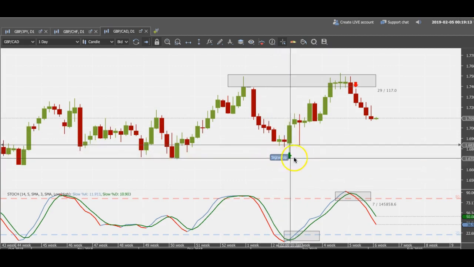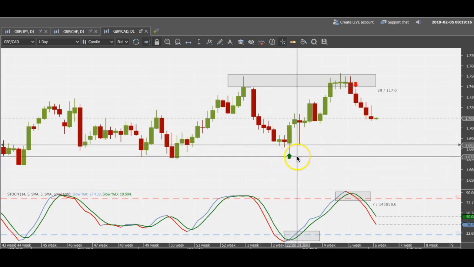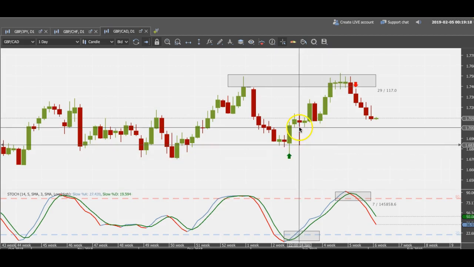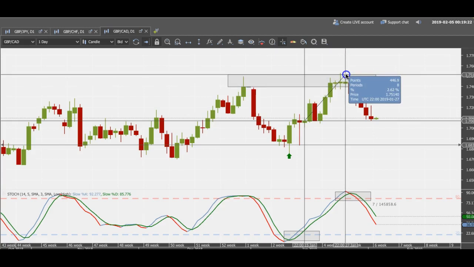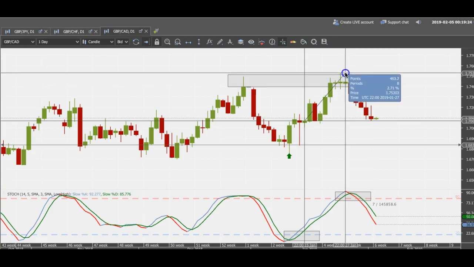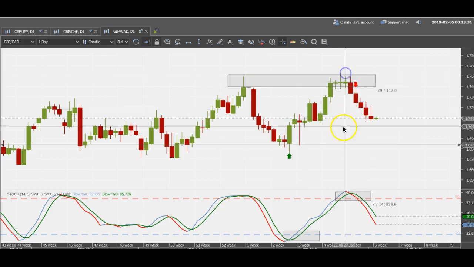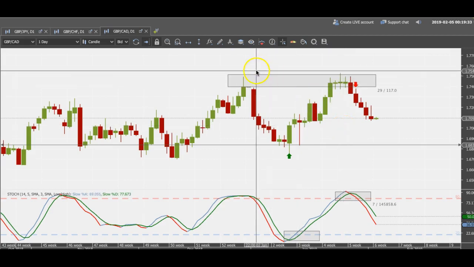Your stop loss would have to be all the way down here to protect yourself from getting taken out. And then, of course, from there, it went all the way up 450 pips. So that's about, on a standard account size, one lot, $4,630. Okay. All right, let's move along.